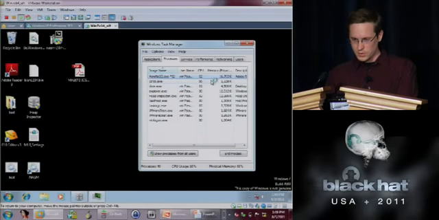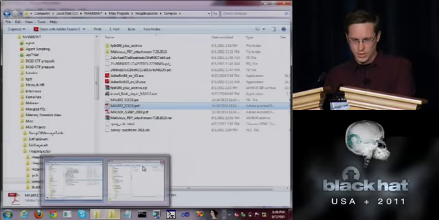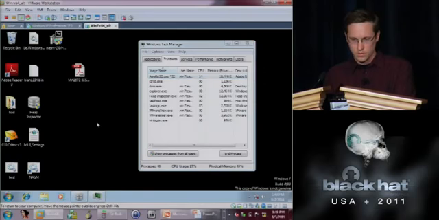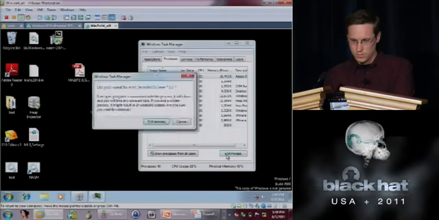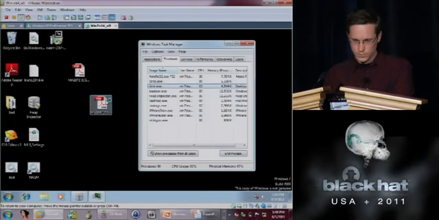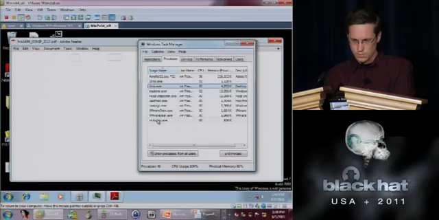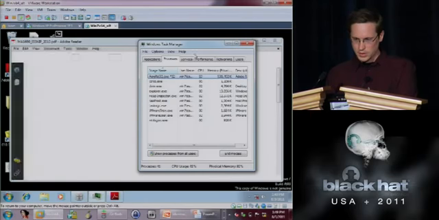So we should see the spray start here. Or we could have demo fail. Okay, so you see the spray occurring. The application will probably crash here in a second.